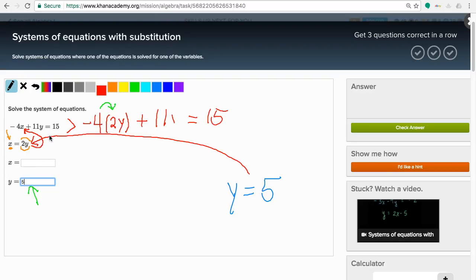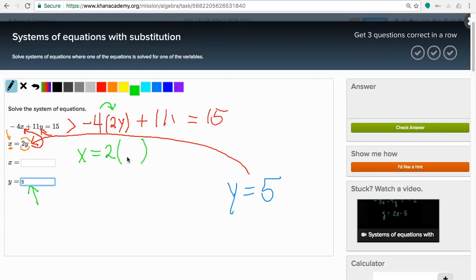We could put it in the top one, but see how that's a much more complicated expression. It would take us a little while longer, and maybe I'll do both of them just to prove my point. But if we just want to get this one done quicker, we can go ahead and plug it into this equation, just like we did the last one.